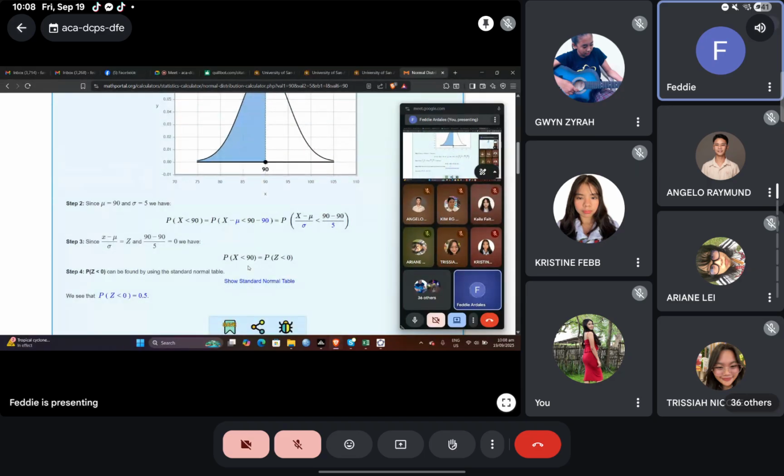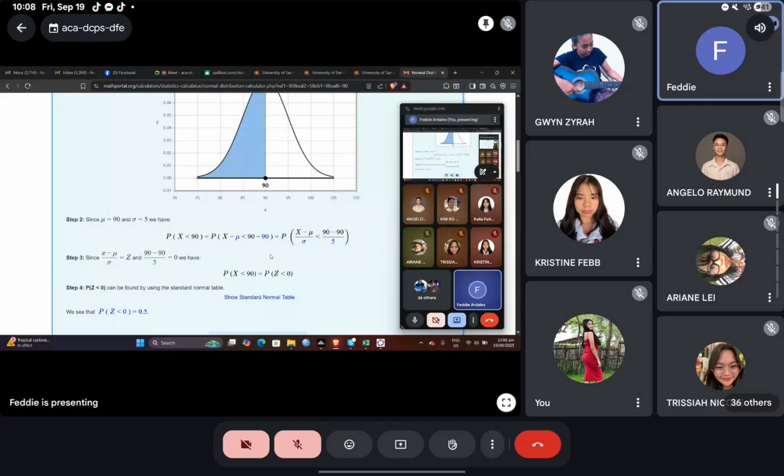For step 2, converting this: the mean is 90, the standard deviation is 5. You have here the formula: z is x minus the mean over the standard deviation, which is 90 minus 90 all over 5, giving 0. So that's why it is to the left, less than 0.